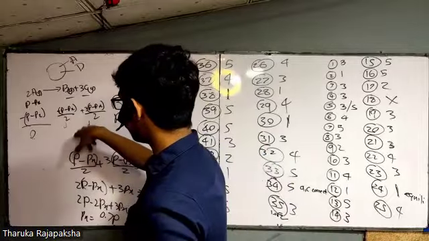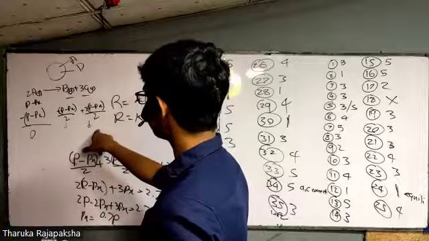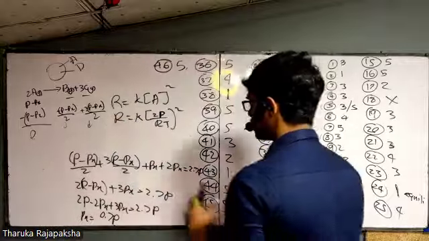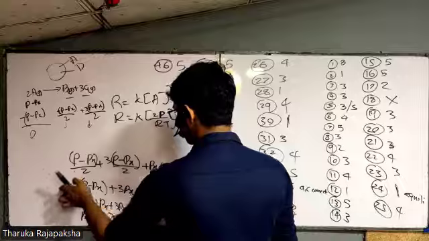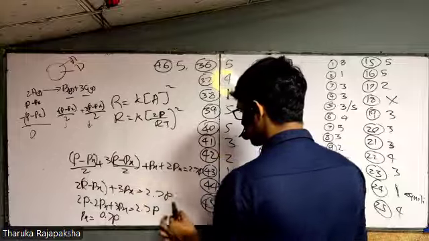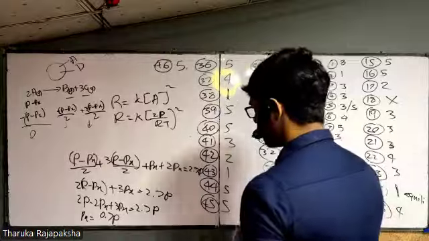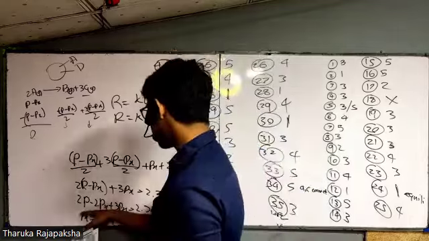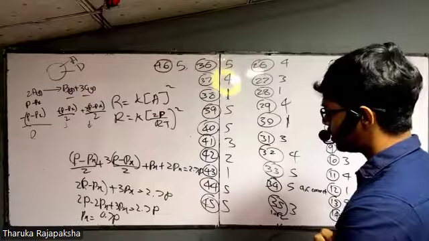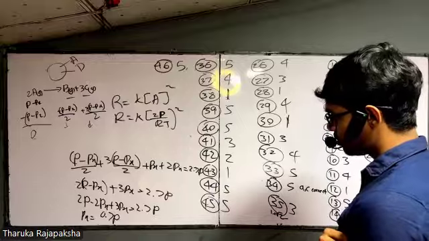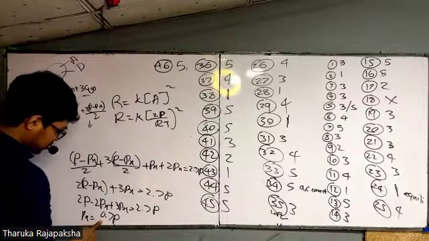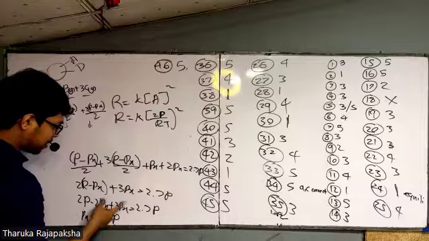Then (P minus Px)/2 plus (3P minus Px)/2. So 2P minus Px plus 2Px plus Px is 3Px, which equals 2.7P.